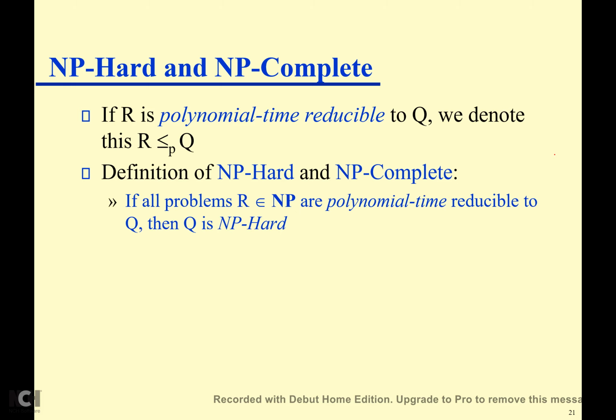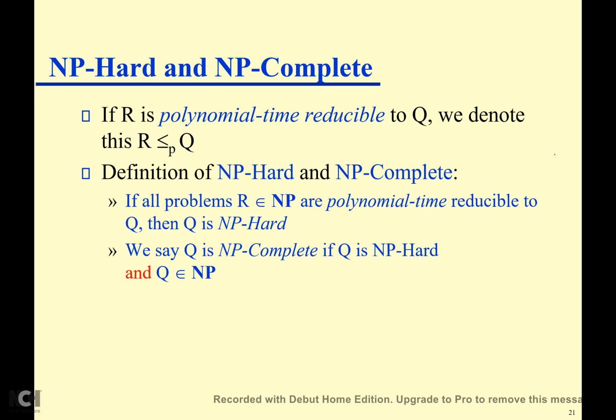So the definition of NP-hard and NP-complete: if all the problems R belonging to NP are polynomial time reduced to Q, then Q is NP-hard. For example, the halting problem.